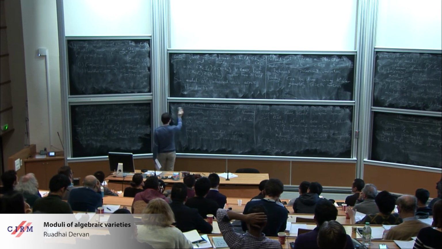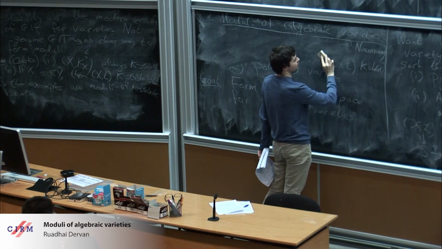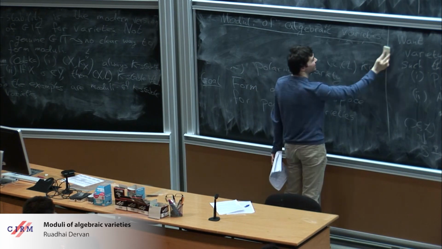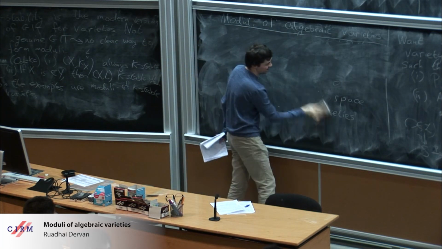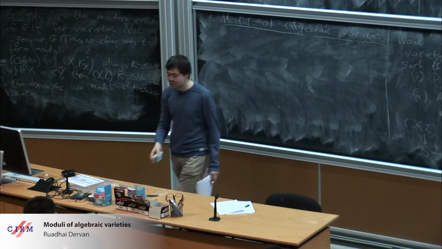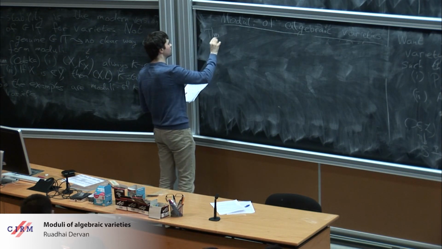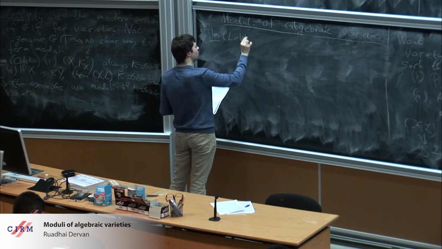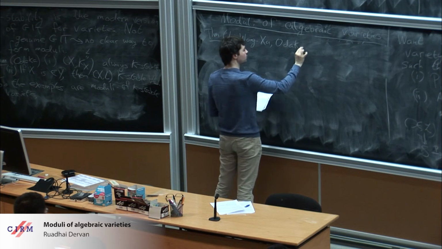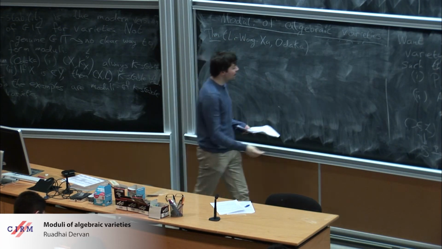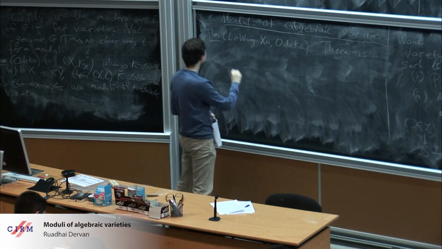And this is a result due to Li, Wang, Xu, Odaka. Yeah, so at least in the Fano case, K-stability does give you a Hausdorff moduli space. So there is a Hausdorff moduli space in the Fano case.